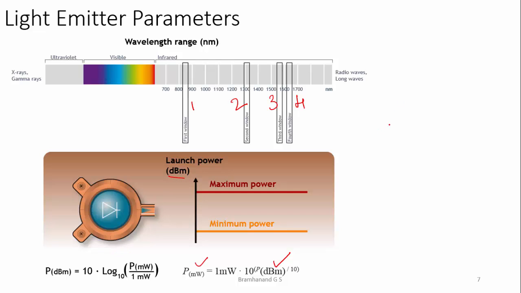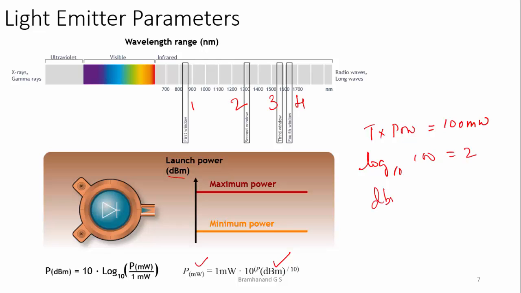Assume my transmitter power is equal to say 100 milliwatts, then dBm is represented as 10 times the logarithm base 10 of power in milliwatts divided by 1 milliwatt. If my power in milliwatts is 100 milliwatts, then log 10 of 100 gives rise to 2. So log 10 of 100 is equal to 2.